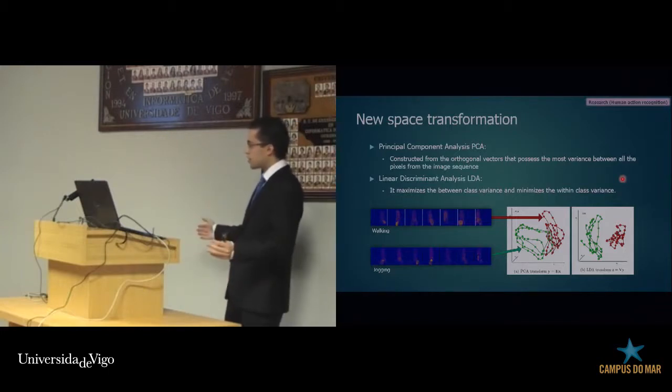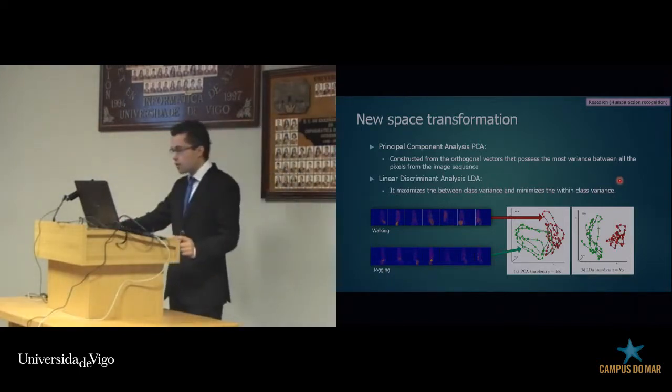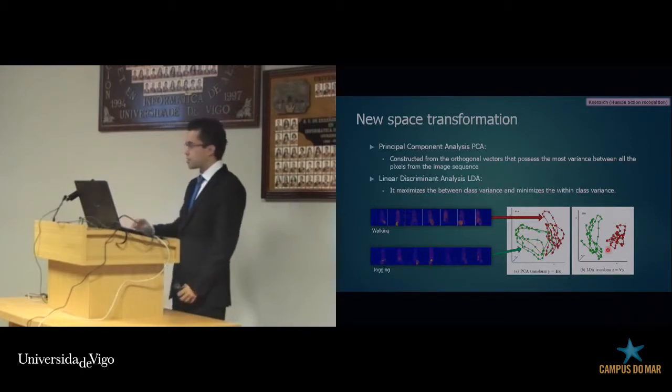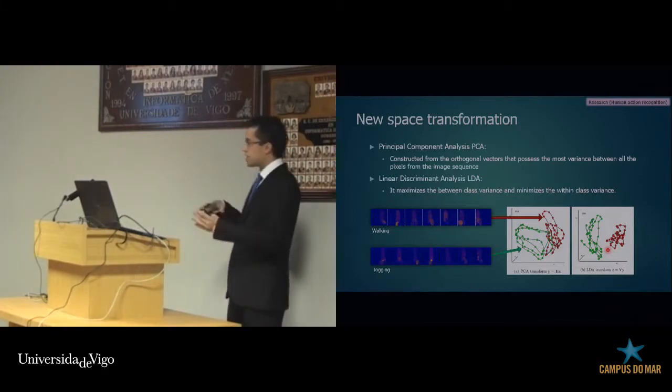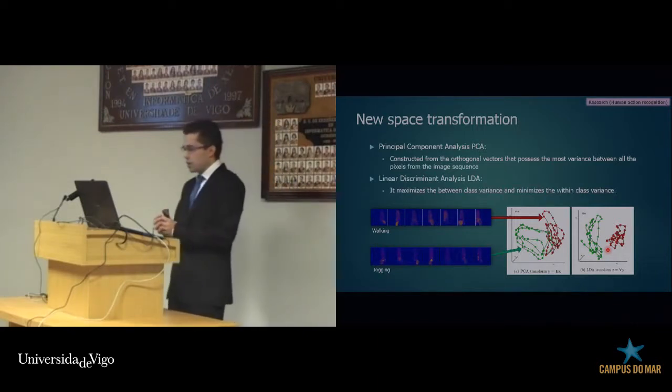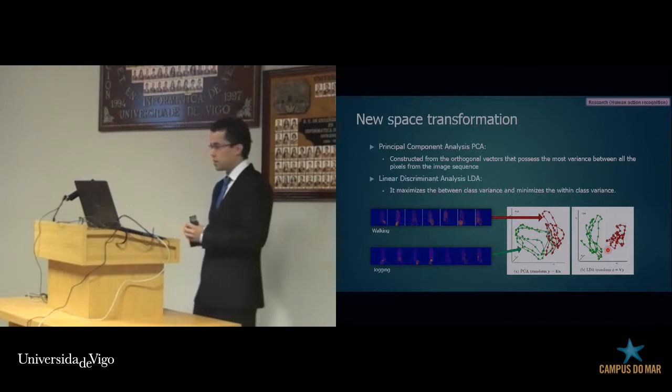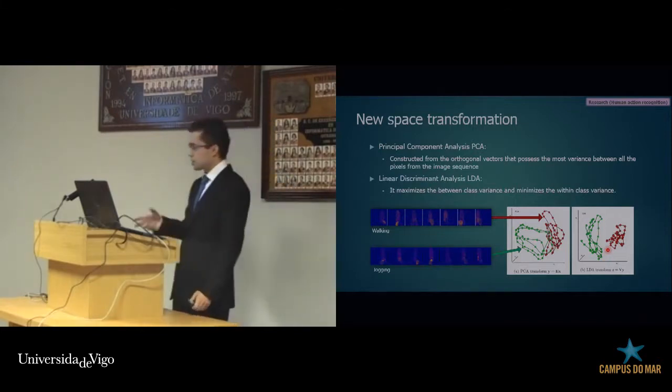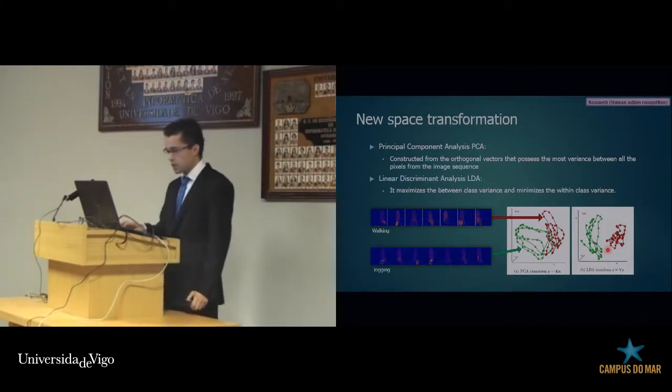And if you have a lot of image sequences, you have a very big space. And here, with only three dimensions, you can see very well that you can separate two actions, walking and jogging. And if you use LDA, you can separate better, because linear discriminant analysis maximizes the between-class variance and minimizes the within-class variance. So you can see the power of this combination of techniques.